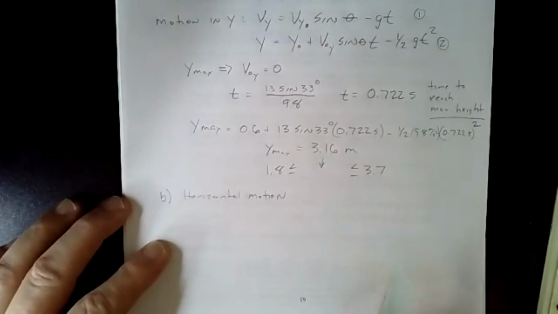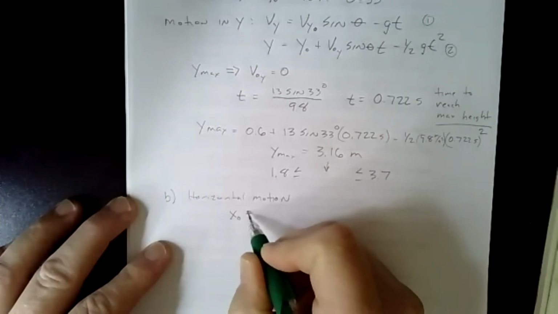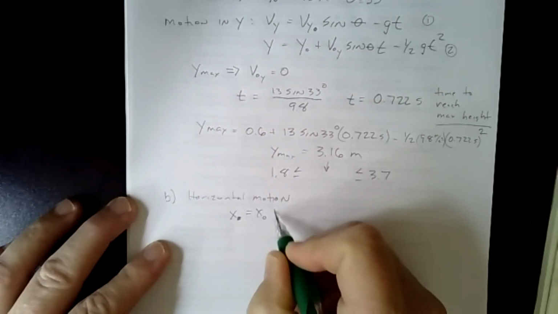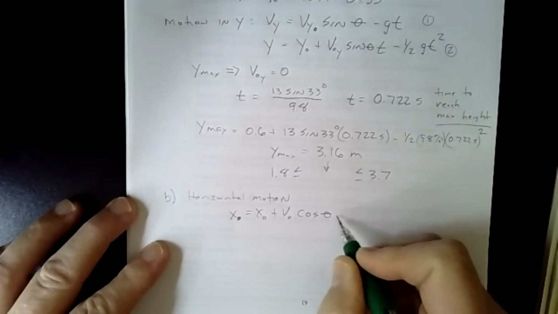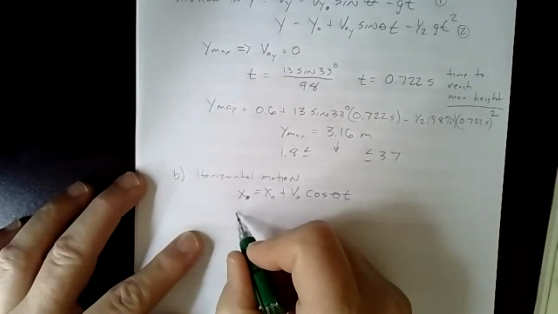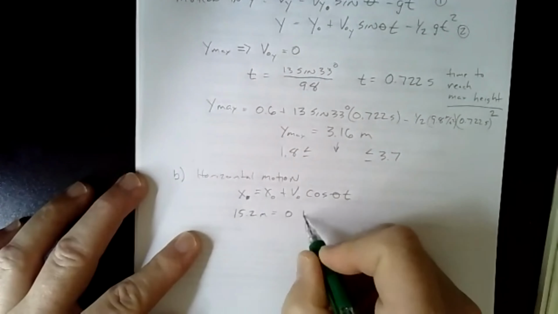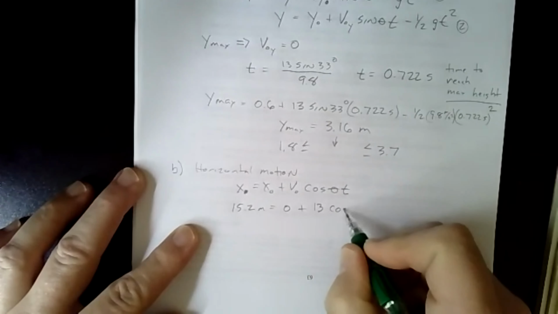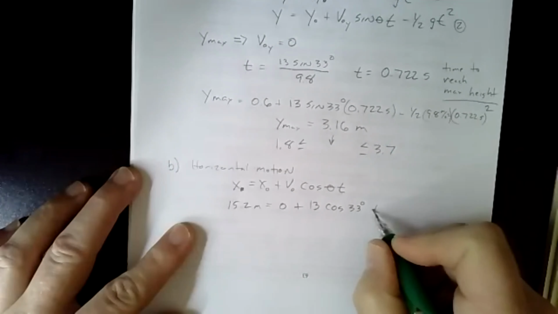Okay. So horizontal motion is just x equals x naught plus v naught cosine theta times t. And so in this case, we have 15.2 meters equals 0 plus 13 cosine 33 degrees times t.